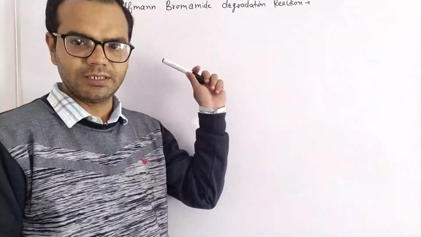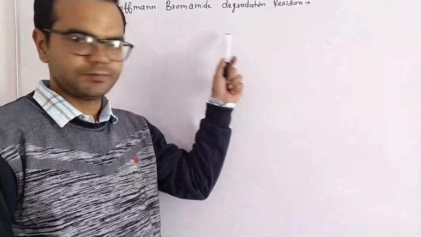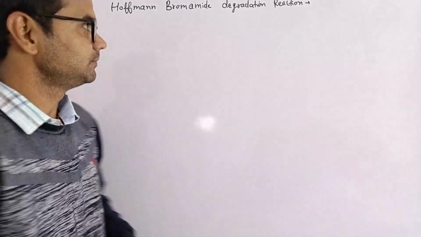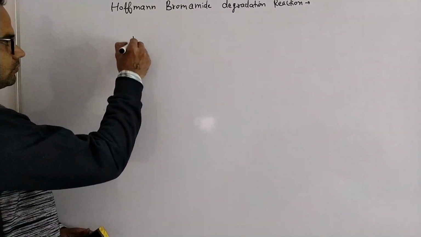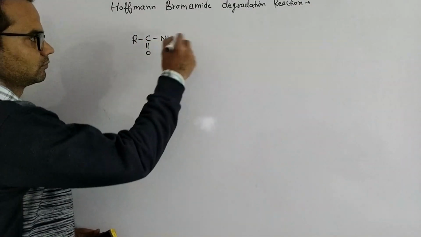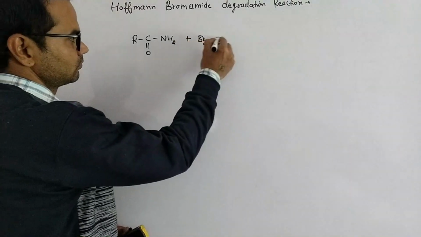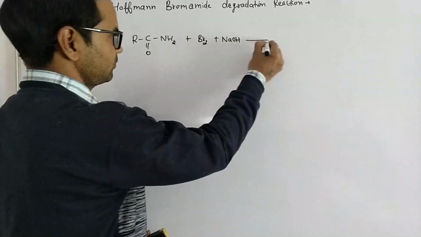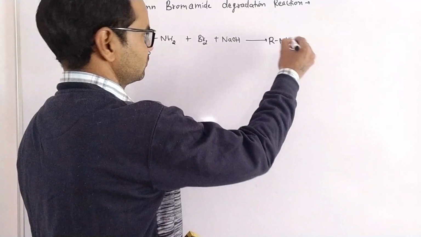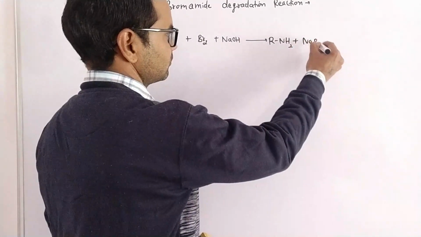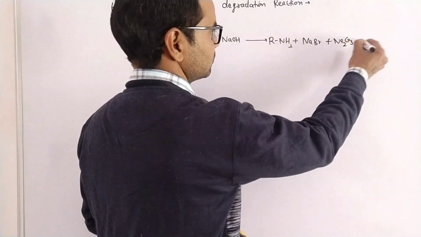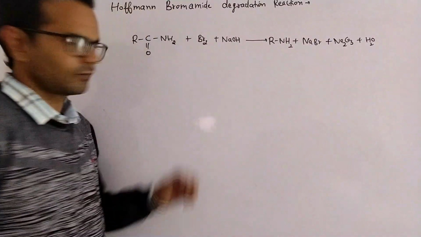So it is a reaction of an amide in the presence of bromine with alkali. As a result, amines are formed. So what is the structure of the reaction?